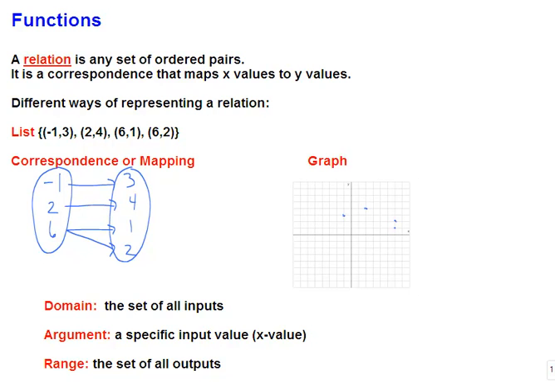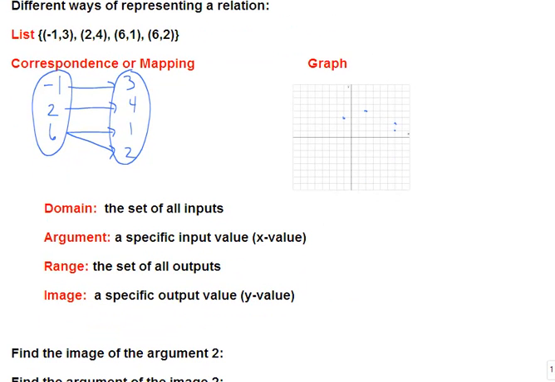Some vocabulary that you need to be familiar with when we talk about relations and functions is the first word here, domain. A domain is the set of all your inputs, and since our inputs here are being associated with x values, you want to think of your domain as all of your x's.